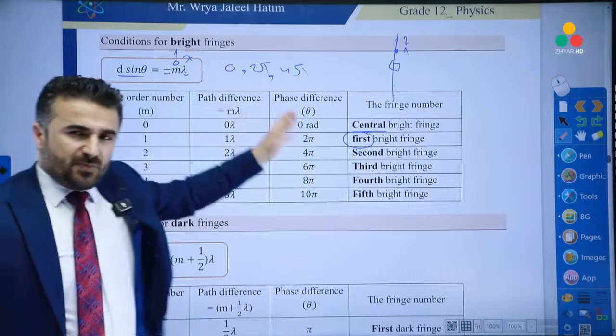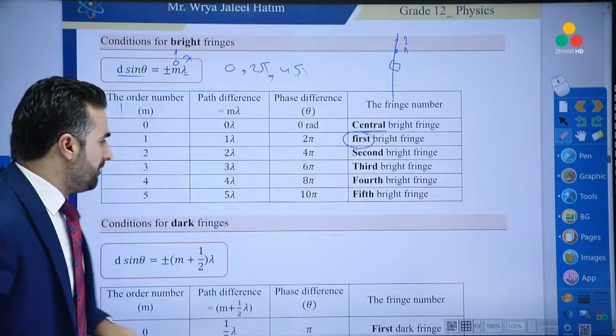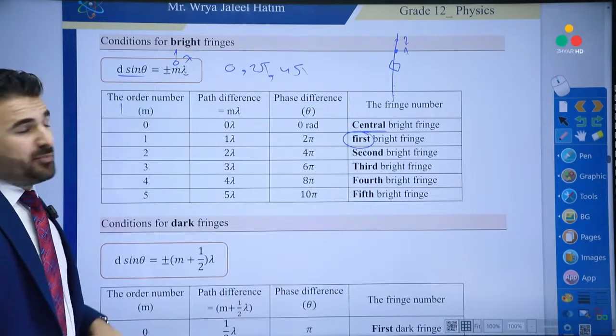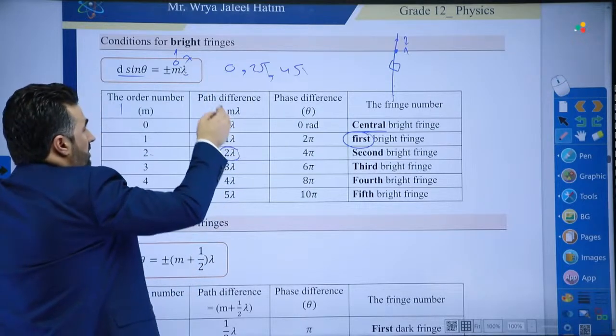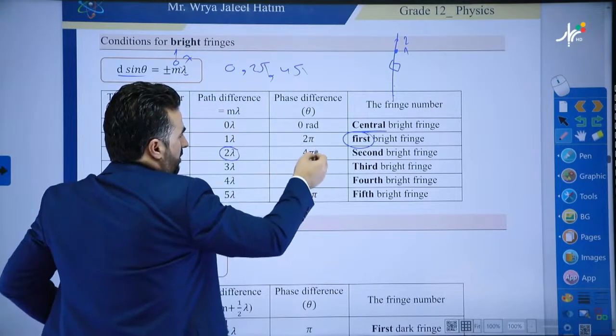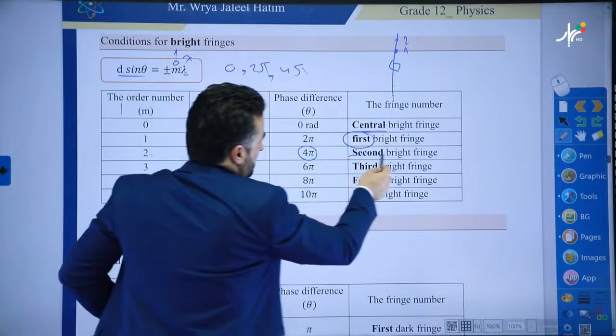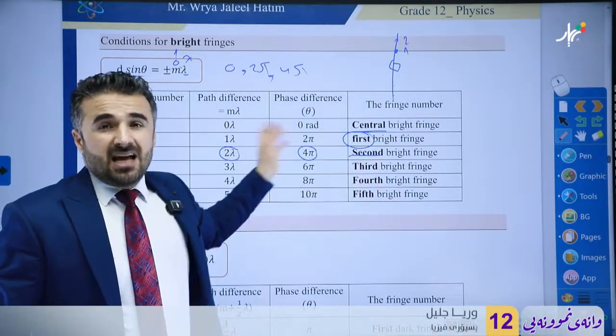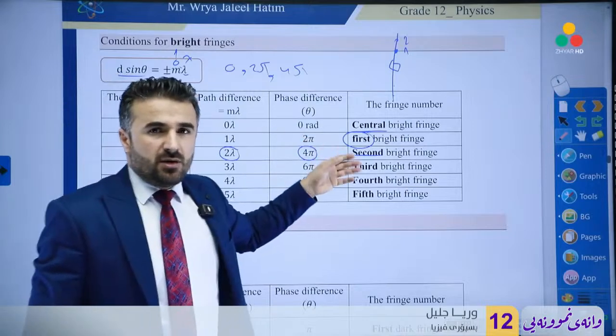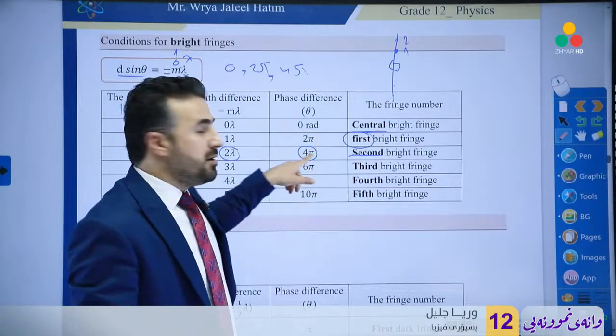And then we have 6 pi, 8 pi, and it goes on. As long as it is an even number of pi. So the path difference is 2 lambda, the phase difference is 4 pi, and we get the second bright fringe here. Whenever I say the second bright fringe, that means the path difference is 2 lambda, and each lambda is 2 pi, so it is 4 pi.